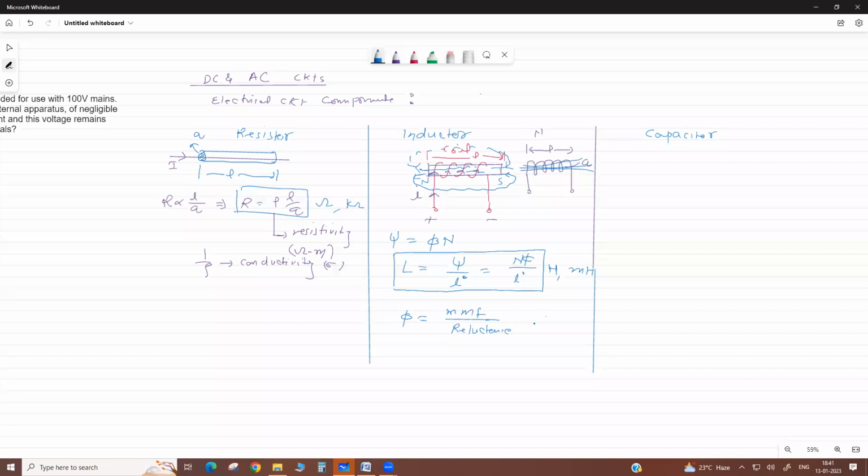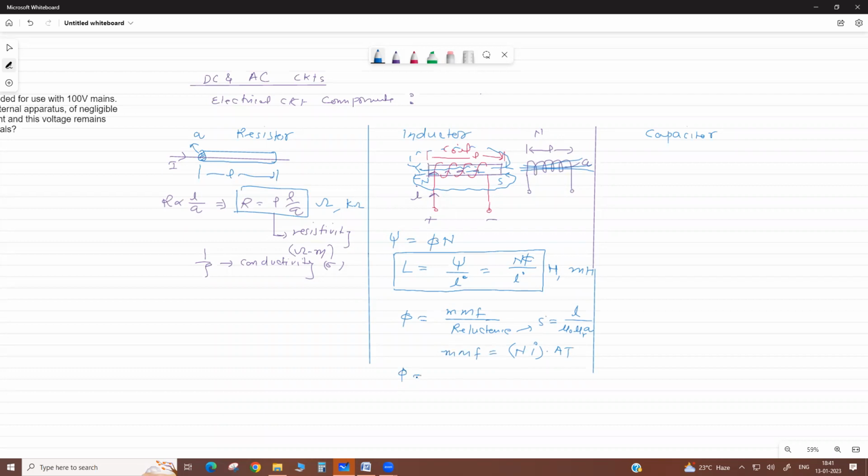This reluctance is denoted by S, and S equals L by mu 0 mu r A, where mu 0 mu r is the free space permeability times relative permeability. And MMF is nothing but the ampere turns, Ni.